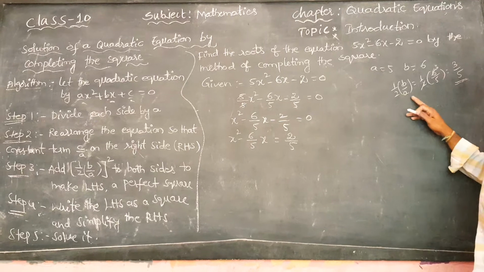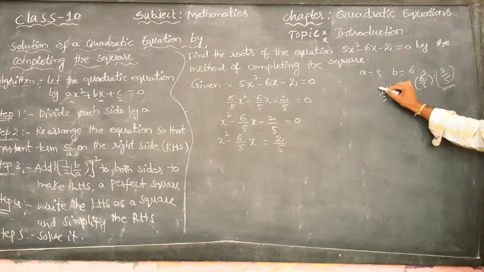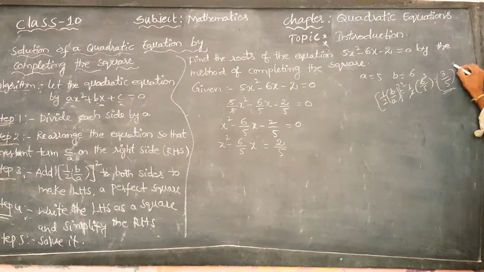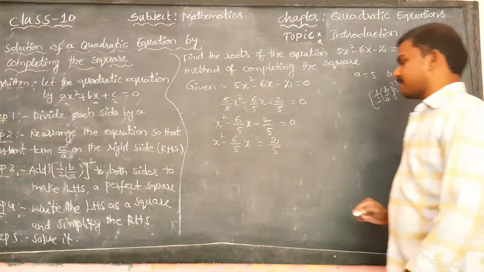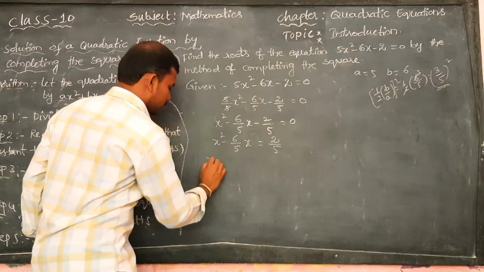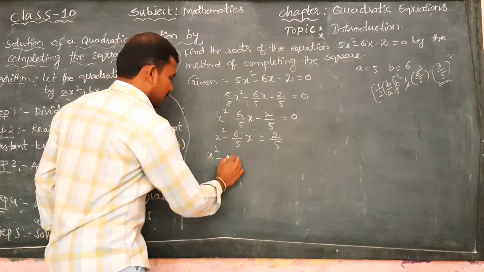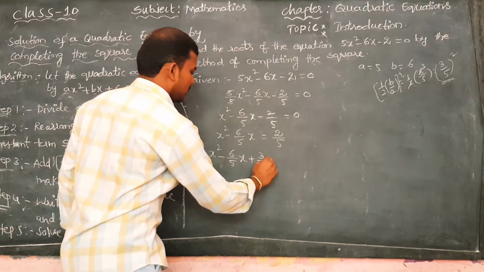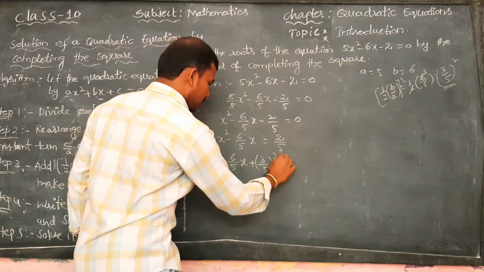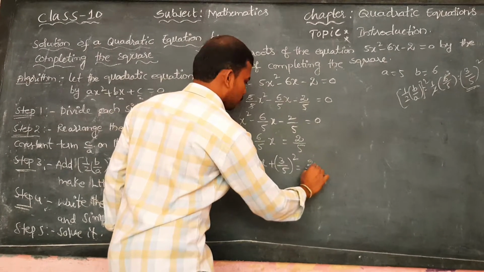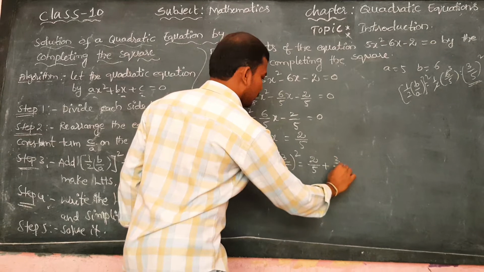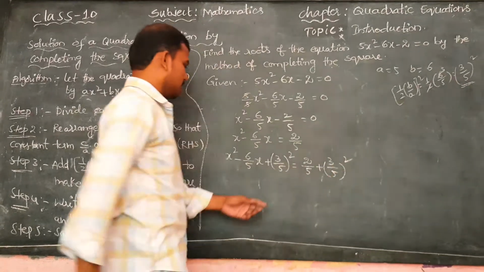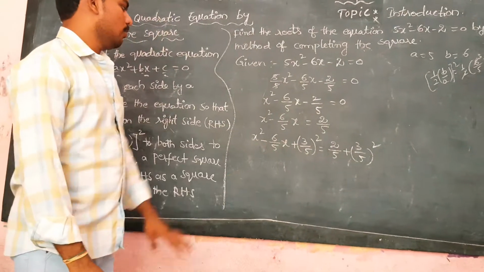So 1 by 2 b by a value is 3 by 5 on both sides. So x square minus 6 by 5 x plus 3 by 5 whole square is equal to 2 by 5 plus 3 by 5 whole square, adding 3 by 5 whole square on both sides.